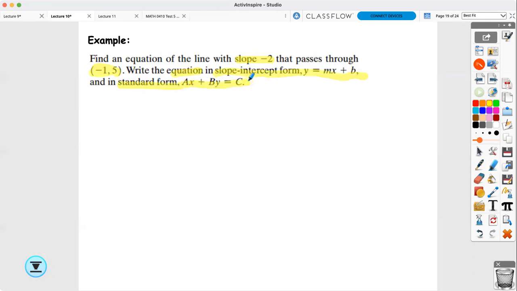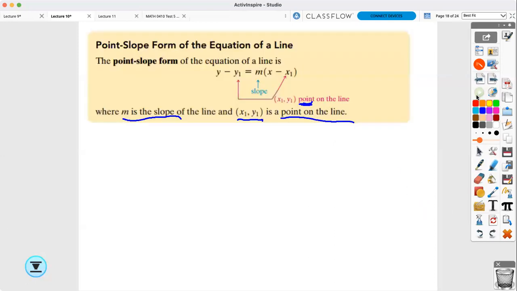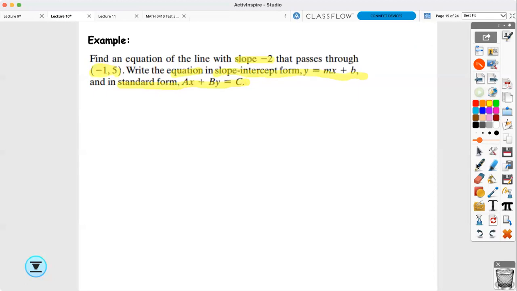The plot thickens, guys. So luckily, I gave you a third formula, the point slope formula, which I'm going to write again right here. So y minus y1 equals m parentheses x minus x1. That is the point slope formula. Or form, you can call it form if you want.